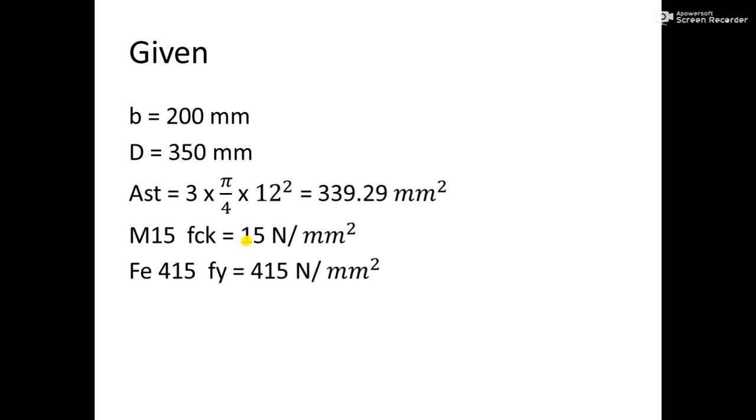So the given data is b equal to 200 mm, d, that is effective depth, again here a printing mistake, small d is equal to 350 mm, 3 bars are given of diameter 12 mm. So Ast is 3 into pi by 4 d square, that is 339.29 mm square, M15, that is fck 15 Newton per mm square, Fe415, that is fy 415 Newton per mm square.